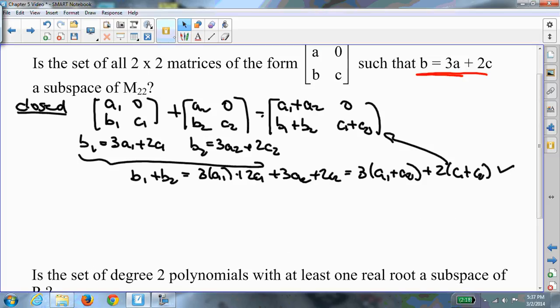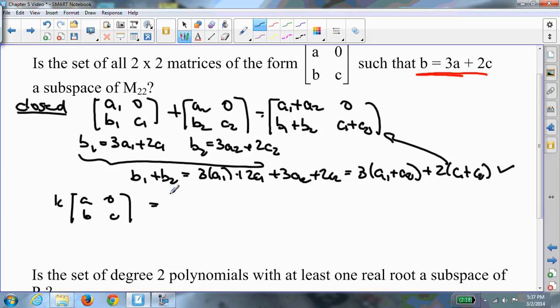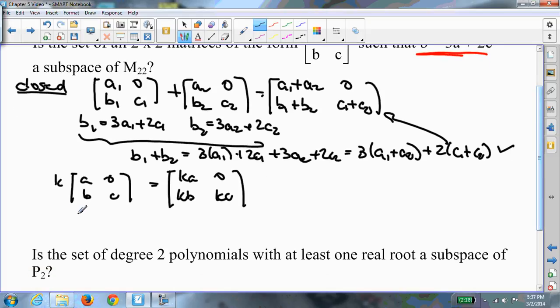So, scalar multiplication would require that k times (a, 0, b, c), and again, we'll assume normal scalar multiplication properties, (ka, 0, kb, kc) still satisfies the relationship that I underlined in red. So I know that b equals 3a plus 2c.